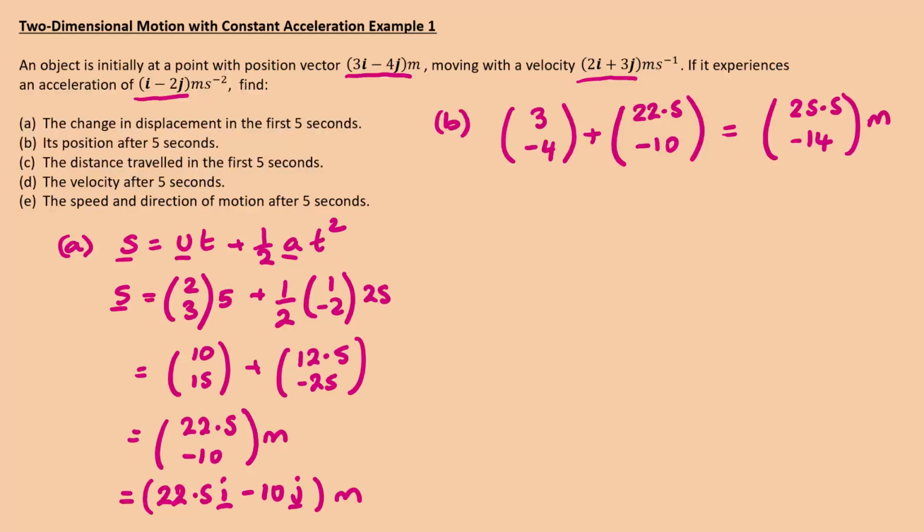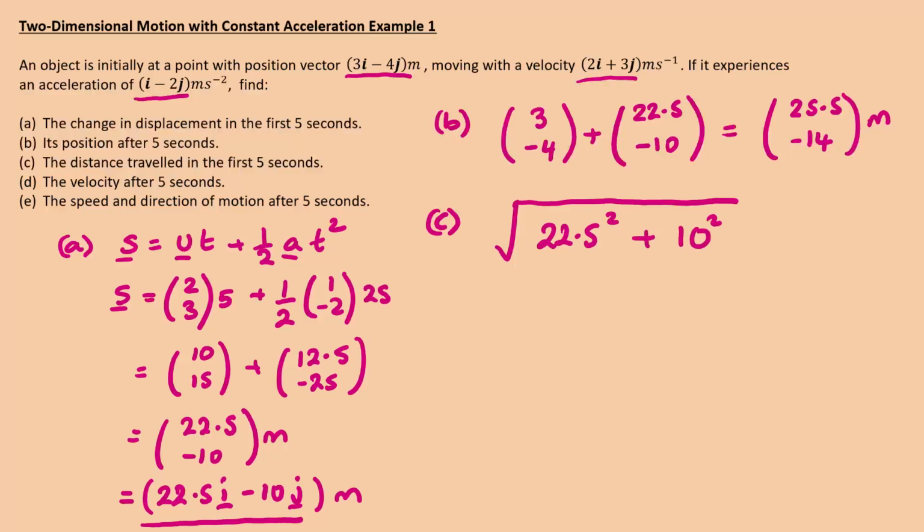So we now want the distance travelled in the first 5 seconds. Well, we know that this was the displacement. Distance is the magnitude of displacement. So it's going to be the square root of 22.5 squared plus 10 squared. It's just Pythagoras' theorem.